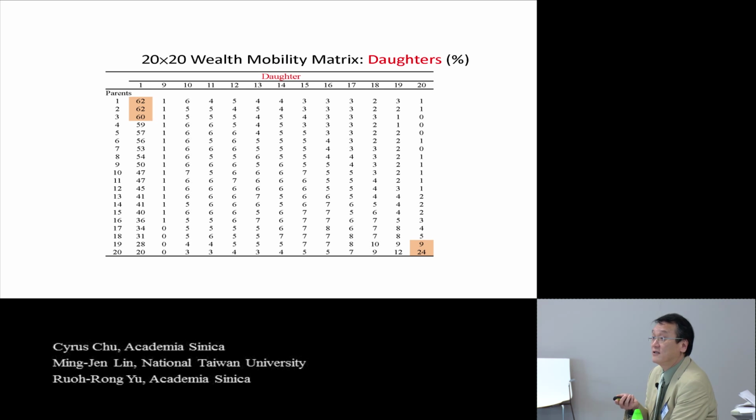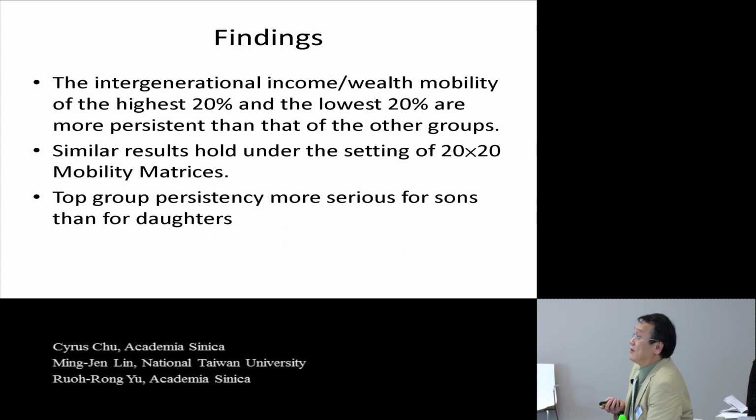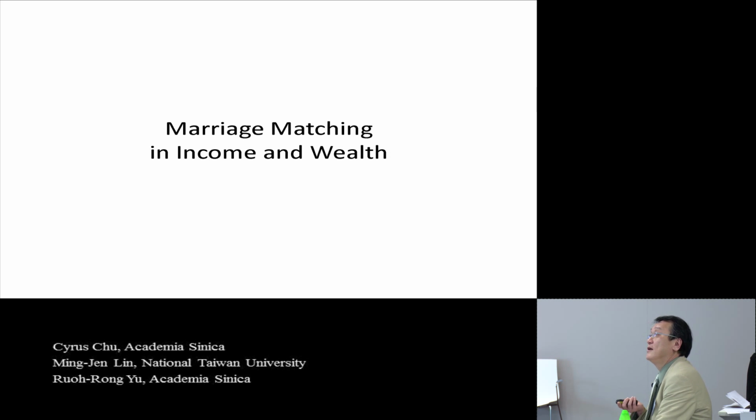The difference is quite significant. So intergenerational income and wealth mobility of the highest 20% and lowest 20% are more persistent than the other groups. Similar results hold for the 20 by 20 matrix. Top group persistency is more serious for sons than for daughters.